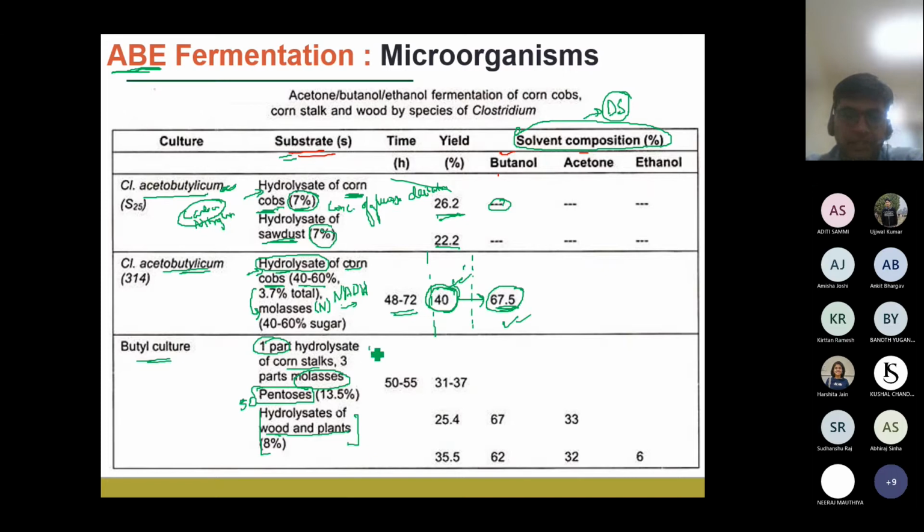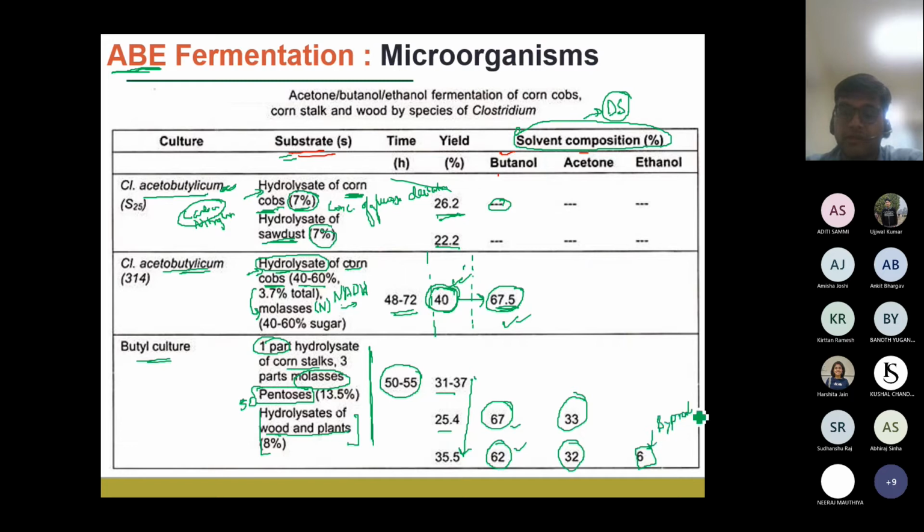When we are using this media composition, with a fermentation time of 50 to 55 hours, we obtain a slightly lower yield, like 31 to 25 percent, but the butanol concentration is also high enough. We obtain almost 67 to 62 percent, along with acetone, which is also fairly high, and a very small fraction of ethanol, because ethanol is the byproduct.